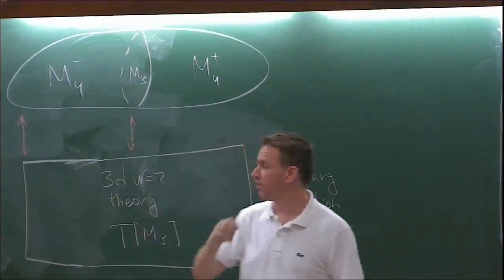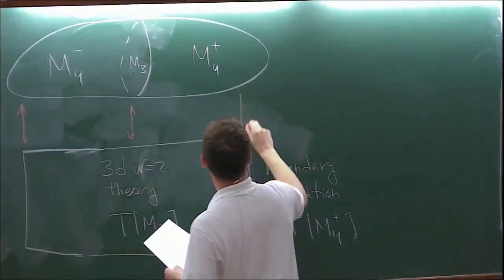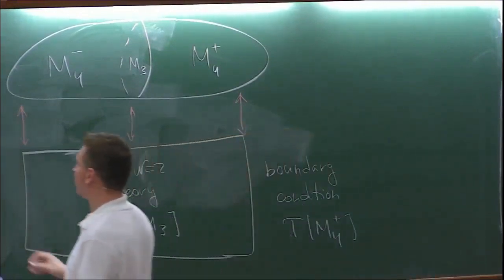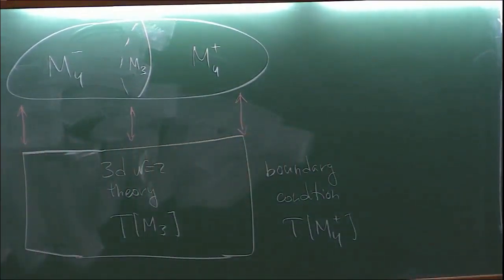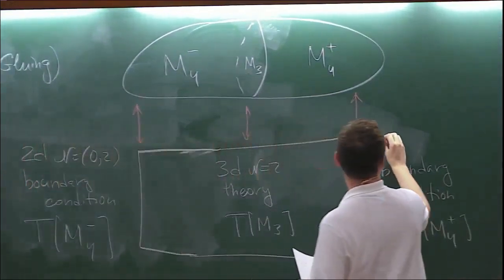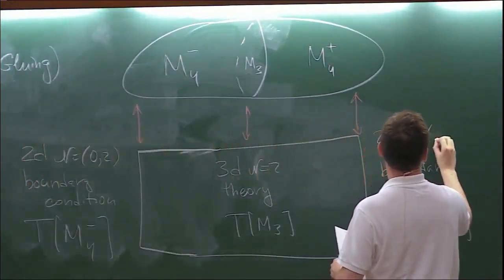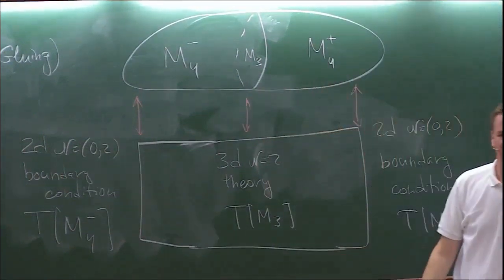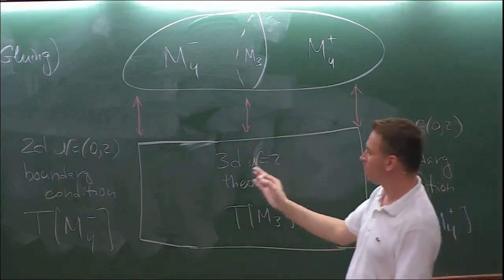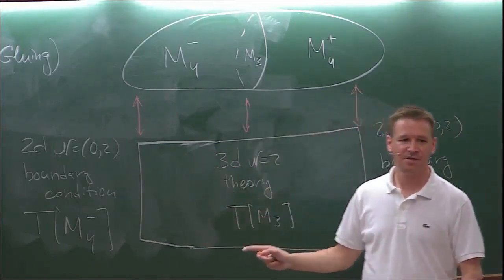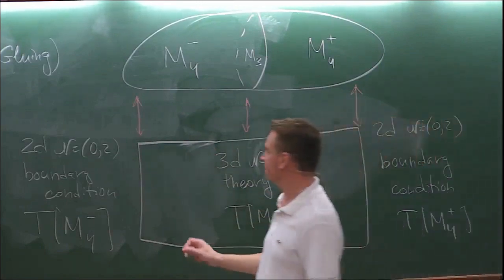And it's a simple calculation to see that, just like the whole complete two-dimensional theory that we want to study, they preserve two-dimensional (0,2) supersymmetry. And the entire theory for a closed manifold, which is built out of 2 pieces glued along a 3-manifold, is now represented as a 3-dimensional theory sandwiched by 2 boundary conditions.